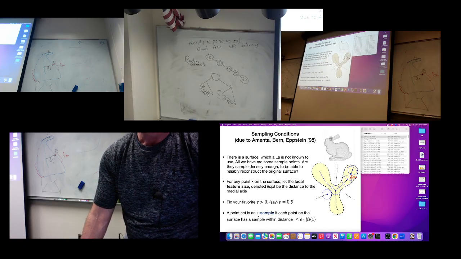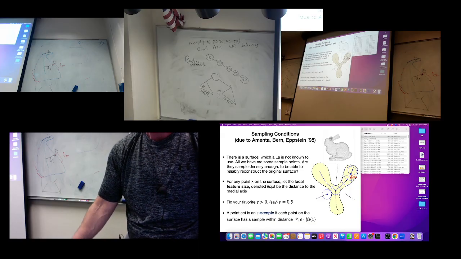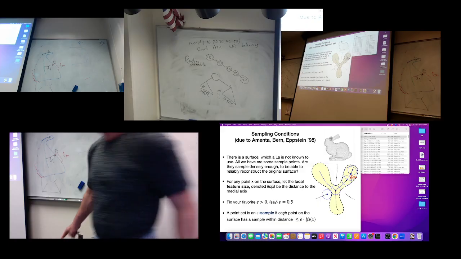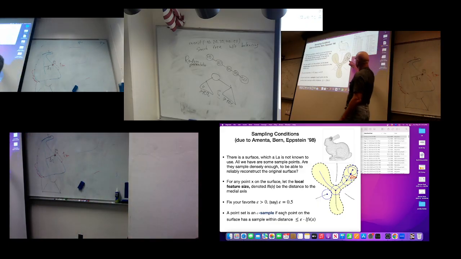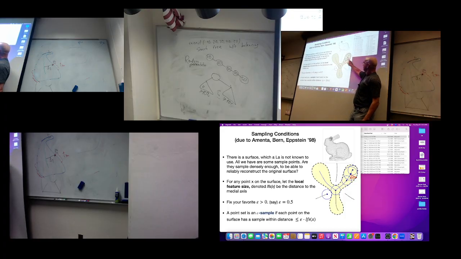And I'll say that my original shape is epsilon-sampled, or a good sample, if each point on the original boundary will find a point. There is a better slide coming. Each point on the original boundary, what is its distance to the nearest sampled point?